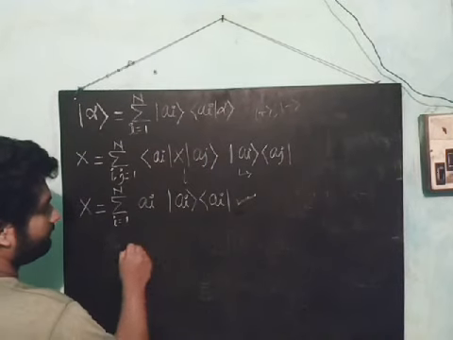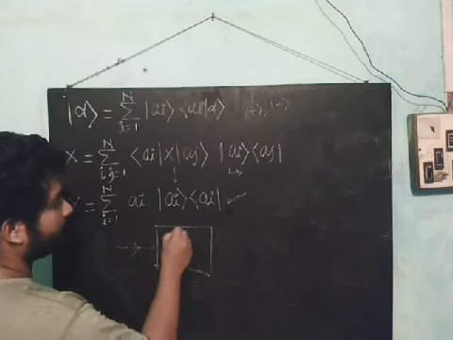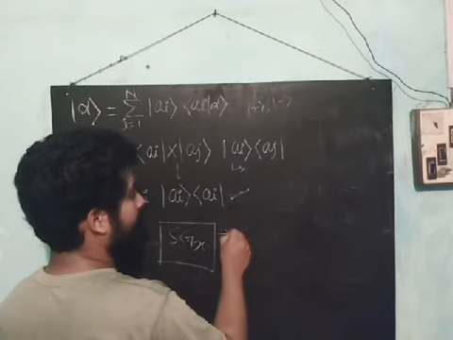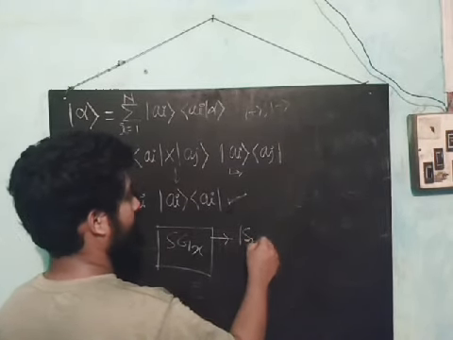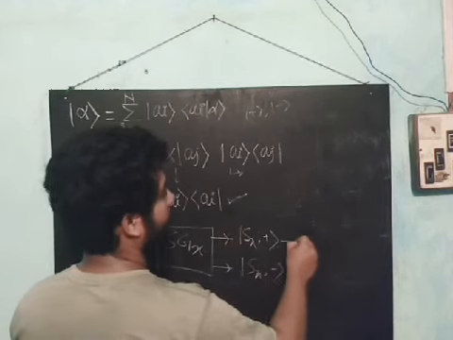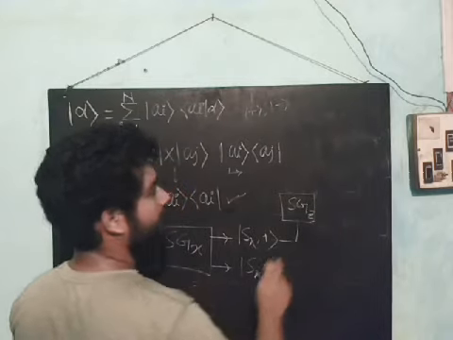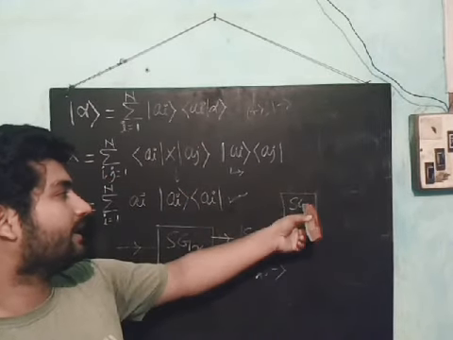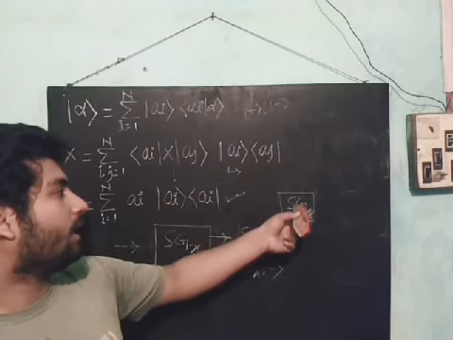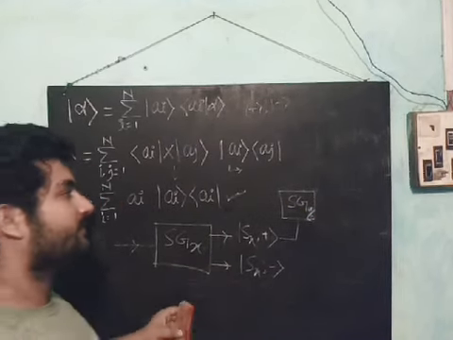If this was Sgx, now it will give me Sx positive and Sx negative. Now if I put Sgy, in the previous case I had put Sgz, the same thing will happen.